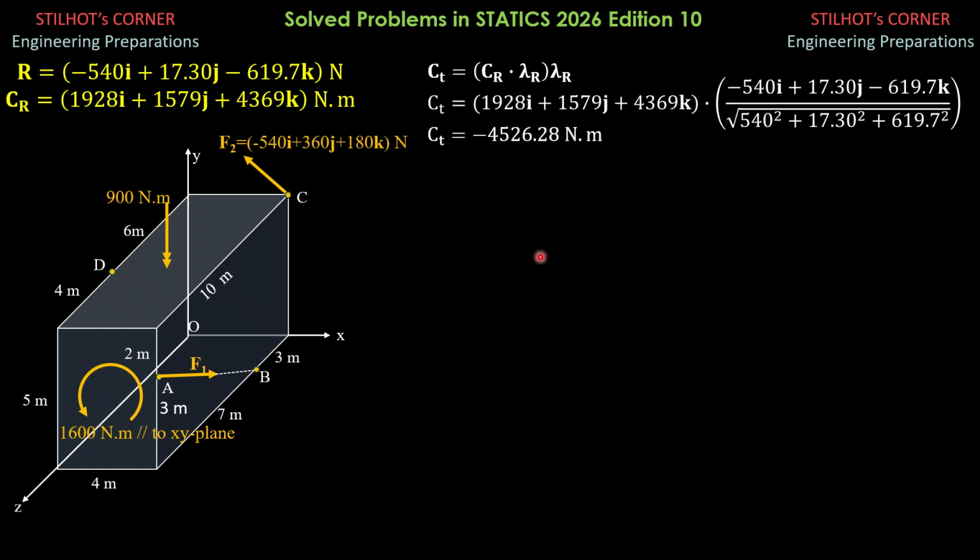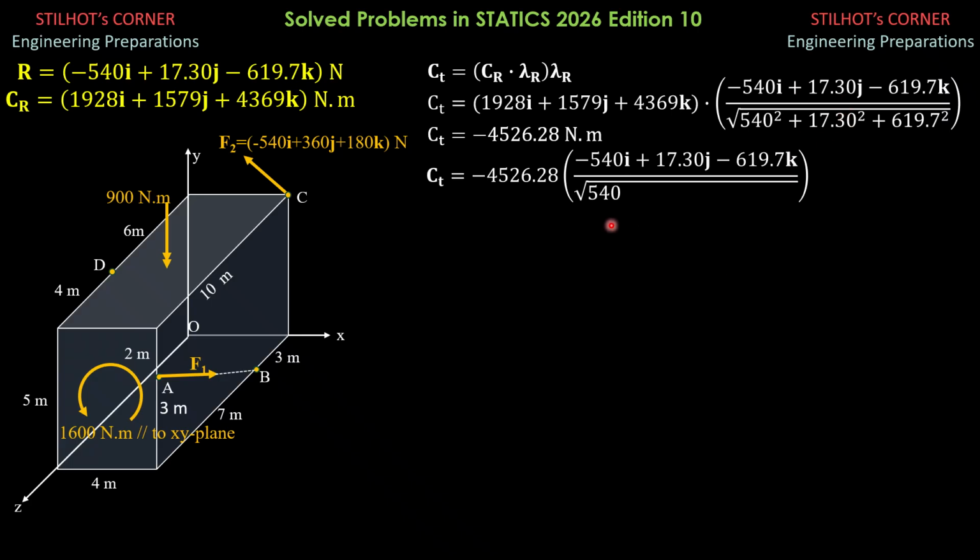Then we'll solve for C sub D in vector form by multiplying this by the unit vector of R again. So negative 4526.28 times this unit vector of the resultant force, and the result is equal to, so C sub D in vector form is 2973i minus 95.24j plus 3412k Newton meter.